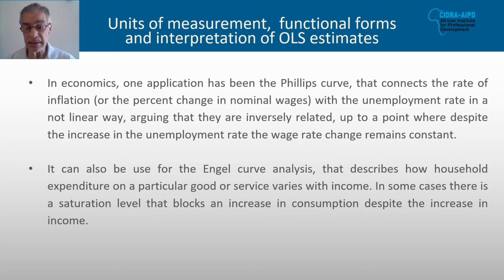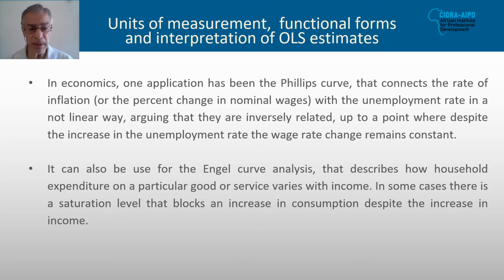And there are some regulatory standards, some institutional standards in a society that preclude the rate of inflation or the wage inflation rate from becoming lower despite the increase in the unemployment rate. And this is something that we can measure through a model like equation 4.